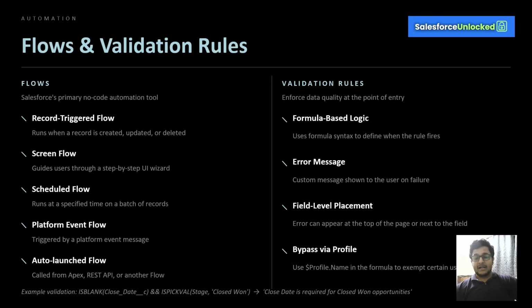The next part in the slide is the bypass via profile. So you can also use the $Profile.Name variable in a formula to bypass the rule for certain profiles. This is a scenario where admins might want to do a data migration, and for that data migration, let's say on some users, we are facing a validation rule.